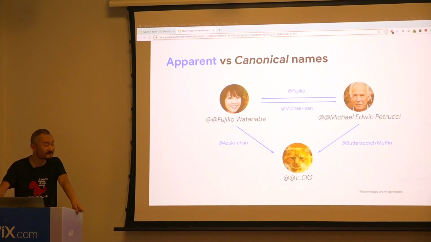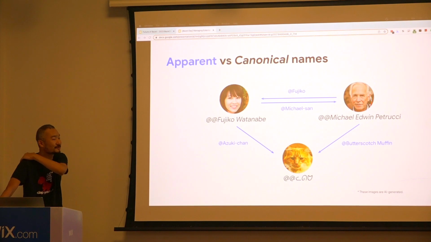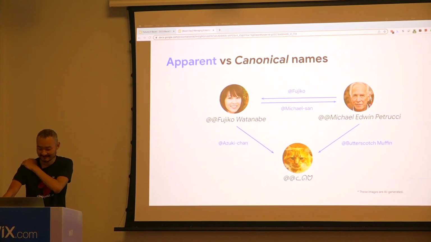Okay, so if we think of repos as people and cats, this distinction may be easier to understand. Imagine these two are neighbors, Fujiko Watanabe and Michael Edwin Petrucci. These are their official canonical names on their passport, but nobody calls them by these names. Instead, Fujiko calls Michael Michael-san, and Michael calls Fujiko, Fujiko.